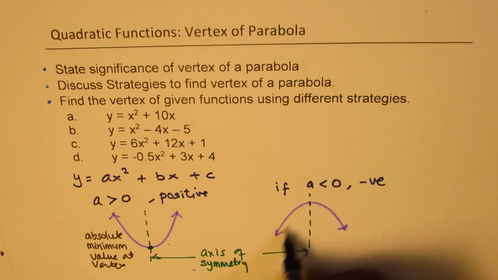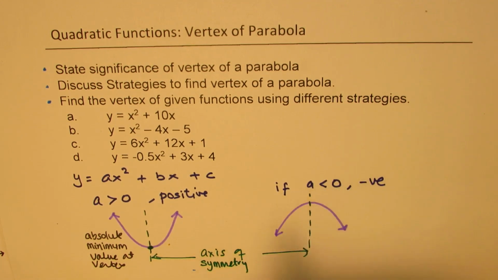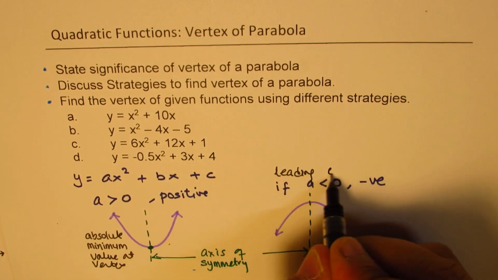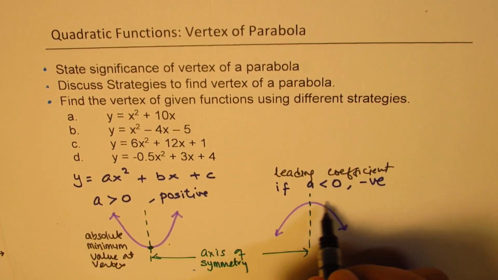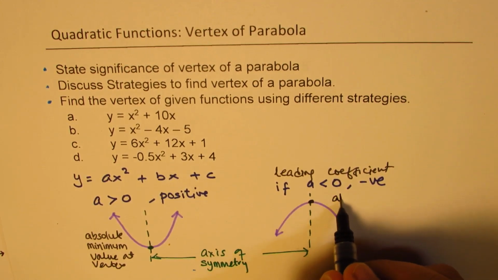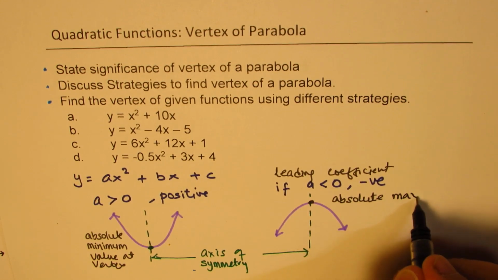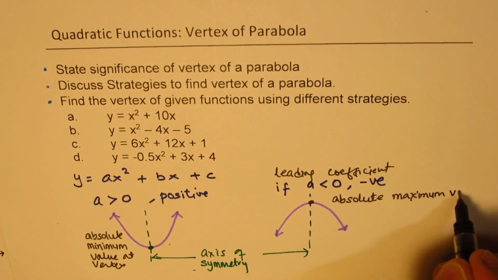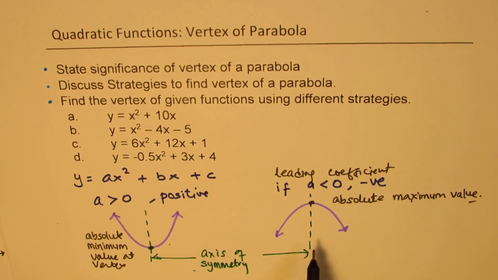If it is opening downwards, that is, a is negative, a is called the leading coefficient. In that case, this point here will be the absolute maximum value, right? Clear? So that is some importance of the vertex.